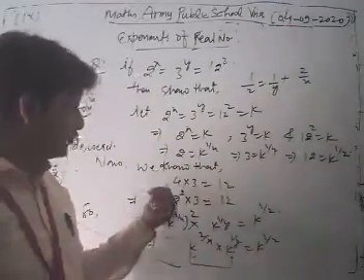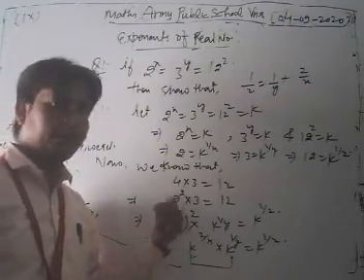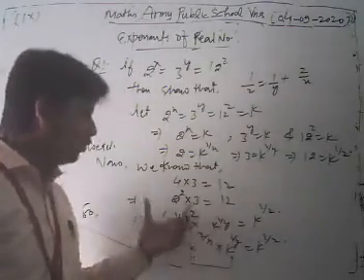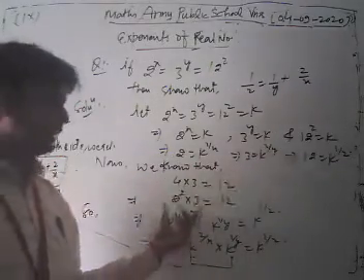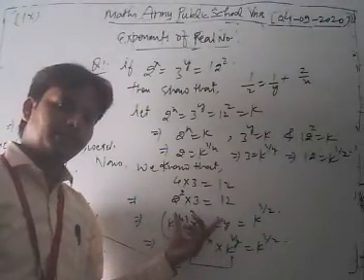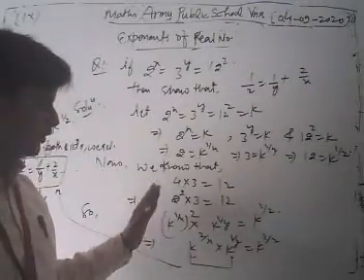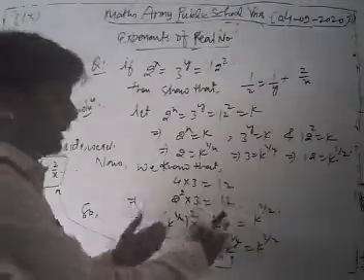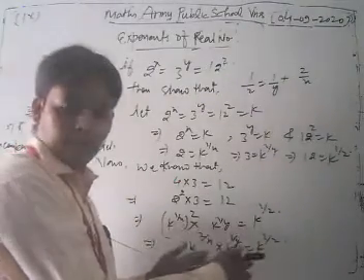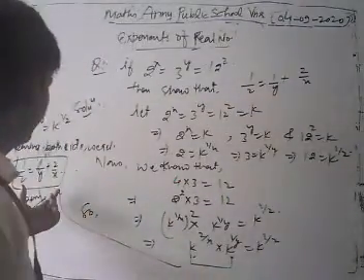Also we write 4 as 2 square. Now we put the value of 2, 3 and 12 in that condition and apply the laws of exponents. After solving them, we get our result.